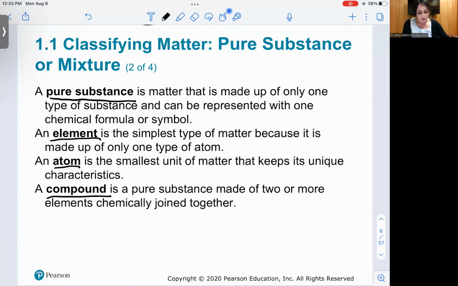We have pure substances and mixtures. Okay, we need to be able to really not just draw a diagram. You have to know what you're talking about on that diagram. A pure substance is matter that is made up of only one type of substance, and it can be represented with one chemical formula or symbol.